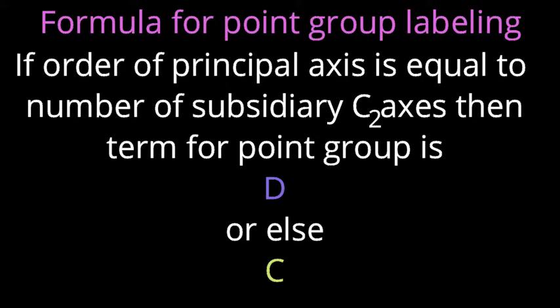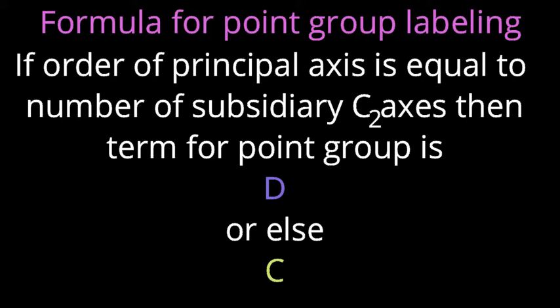Number of subsidiary axes may be any number x, y, z, or n also may be possible. And planes we label as sigma h meaning horizontal, sigma v meaning vertical, sigma d meaning dihedral.